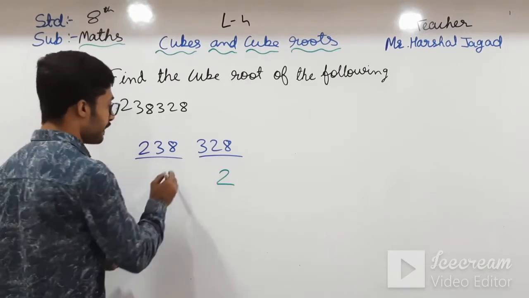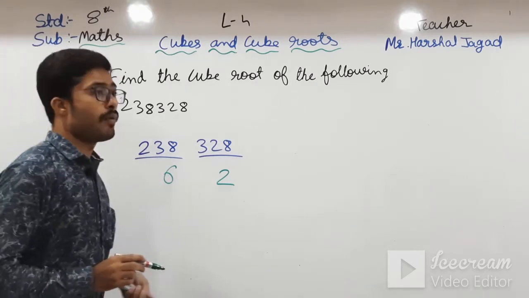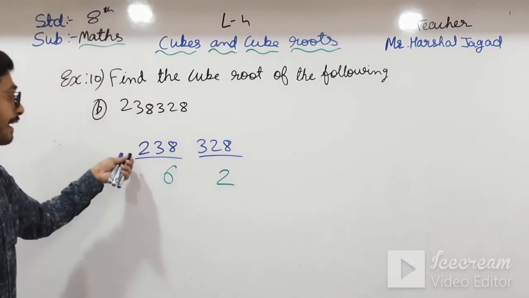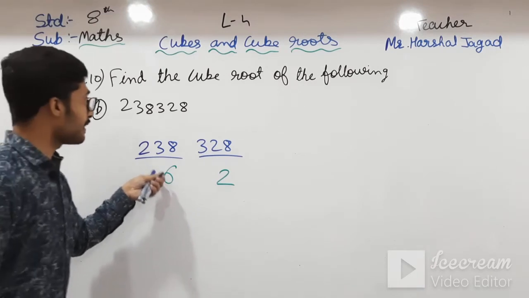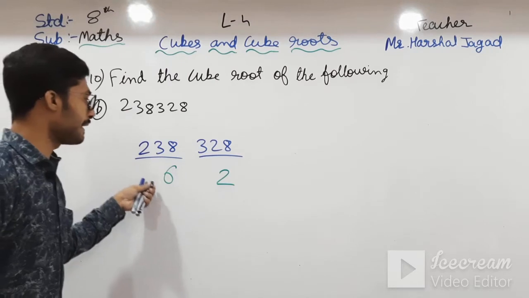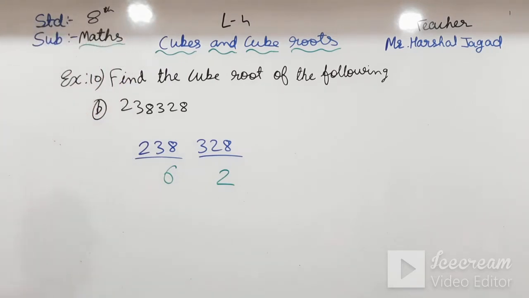If we take the cube of 6, that is 216, which is less than 238. So we can tell that the cube root of 238328 is 62. Okay students, please note this down.